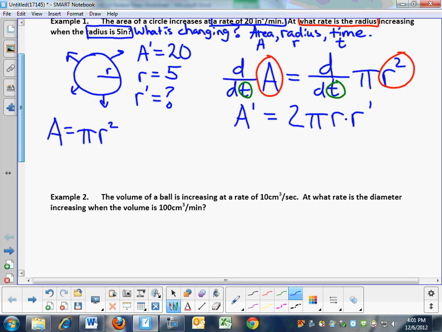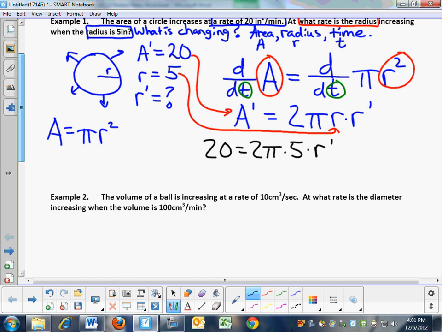Now it's time to fill in the blanks. We know that A prime is 20. We know that r is 5, and we're solving for r prime. I fill in my blanks. 20 equals 2 pi times 5 times r prime. 20 is equal to 10 pi times r prime.